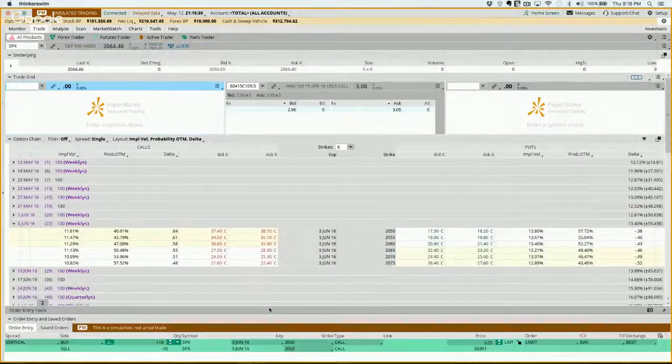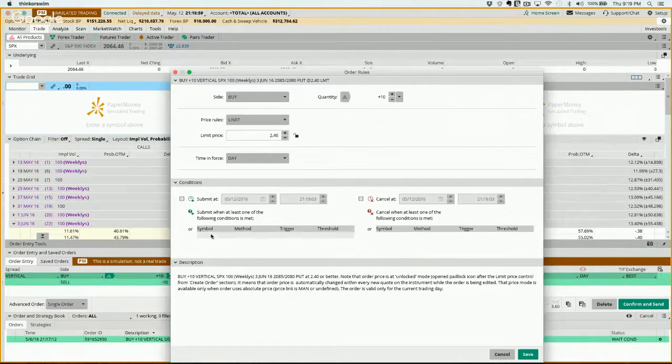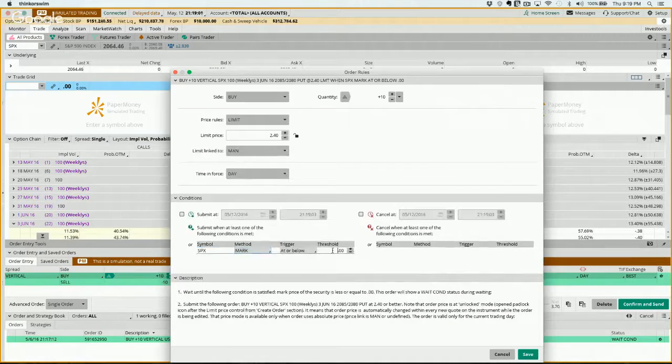So buy vertical condition will be 2085, 2080. Okay. So the condition is that if S&P reaches 2083, this vertical spread will be executed.